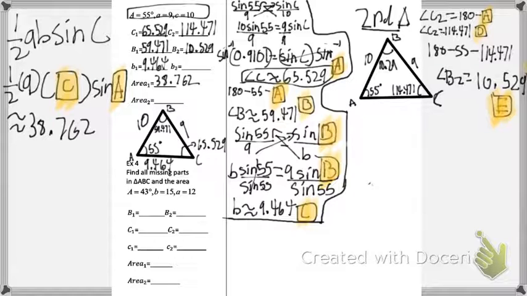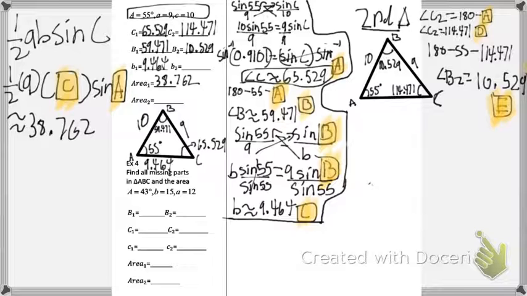And B2 is also 10.529. So it's not that bad. So that's what angle B2 equals.